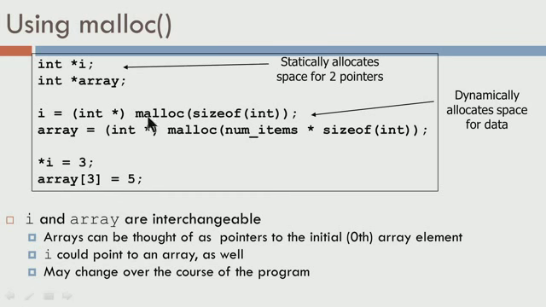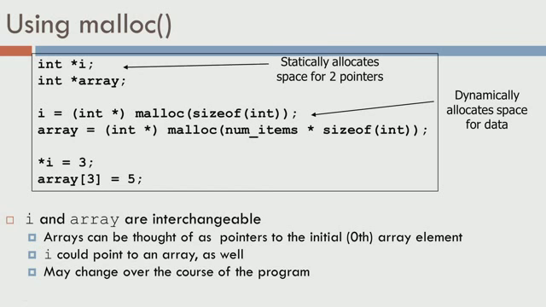Just because I have one integer allocated here and 4 integers or 5 integers allocated here, it does not mean that I and array are incompatible. If you go back to the definition, both are integer pointers, right. So, I and array are interchangeable. So, arrays can be thought of as pointers to the 0th element. We have been doing this for a long time now.